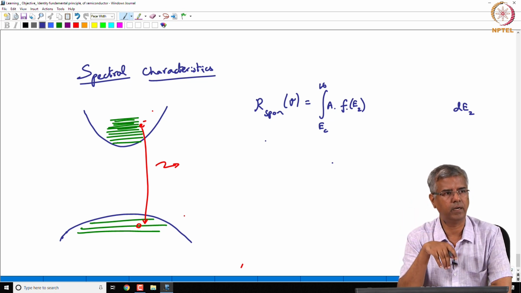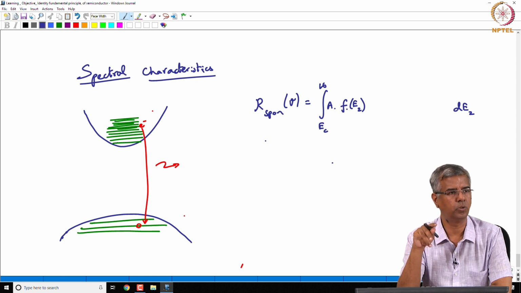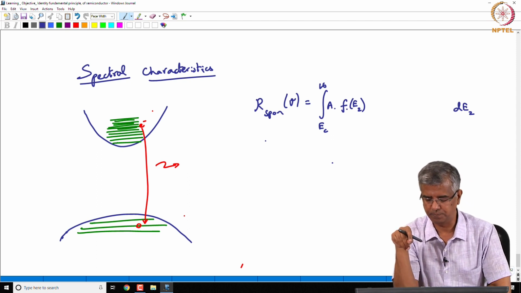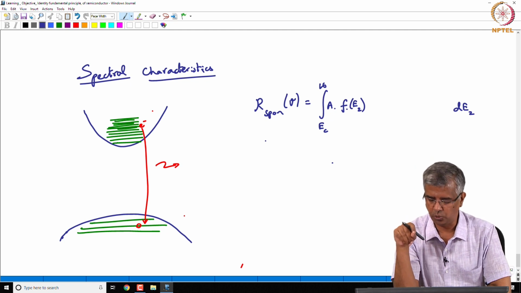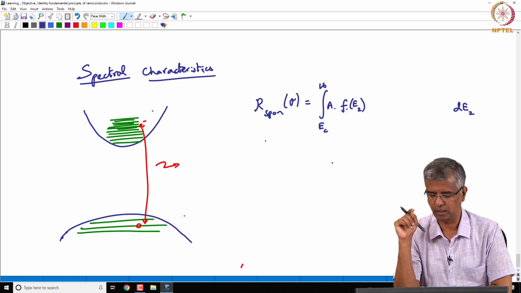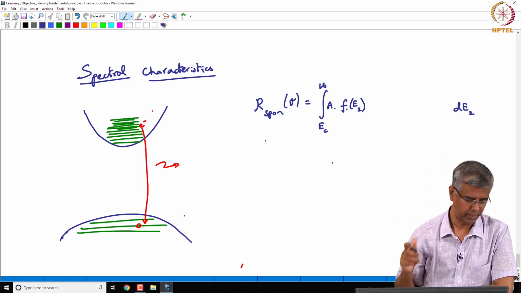In semiconductors, Pauli's exclusion principle comes into effect, right, which means that no two electrons can exist in the same state. So, when we are talking about f of E2, we are talking about an electron occupying a particular energy level, right.